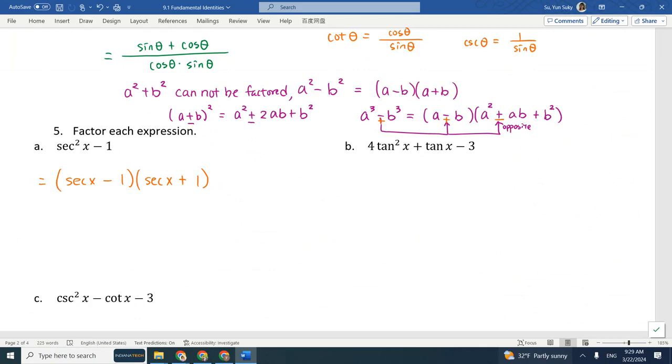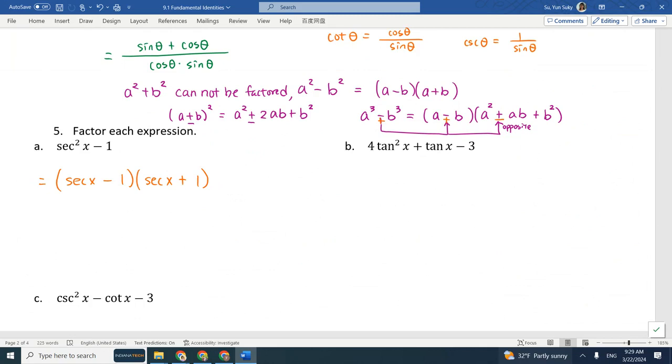And then you solve for secant x. Do you see this is the same as secant x equals 1? Then you use the knowledge we learned from 8.3, the inverse trig functions. Then you can find which x values give you secant x equal to 1. Okay? So we're still learning more and more. In the future, we'll use all this knowledge to help us solve equations involving trig functions. So this is why we are doing this right now.